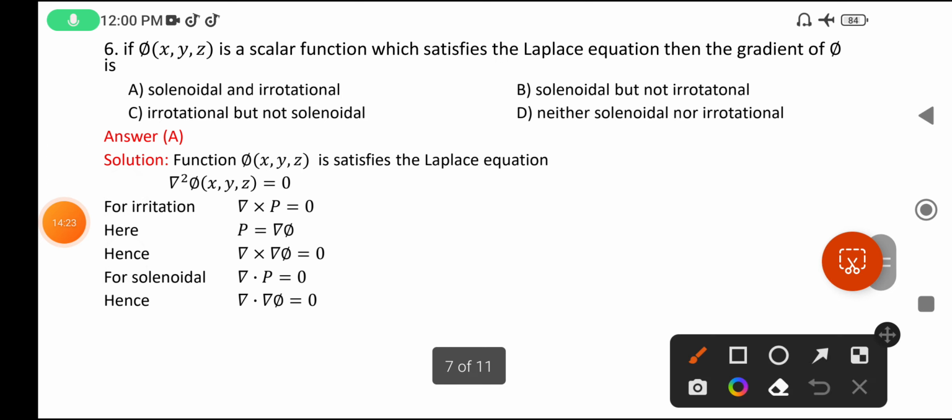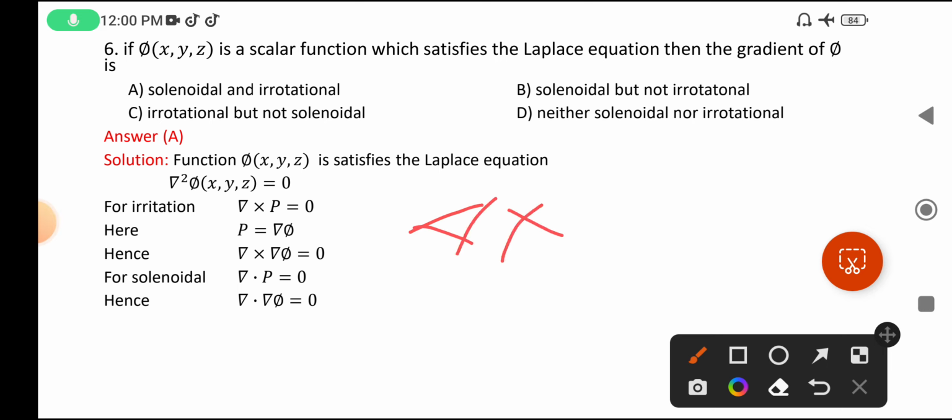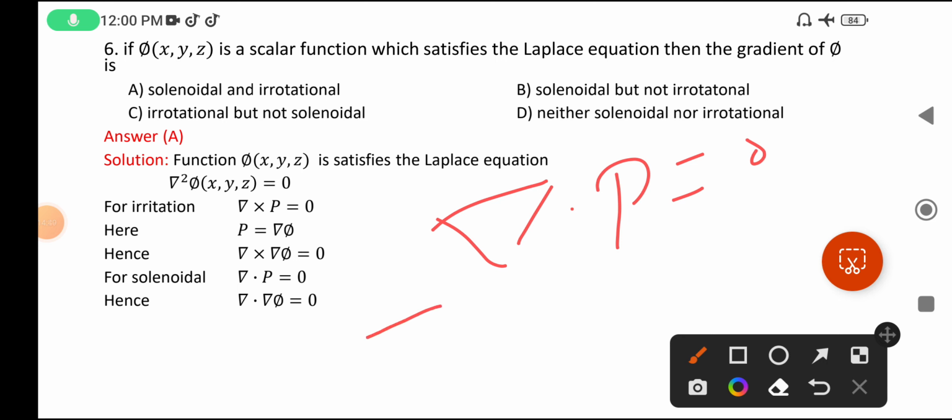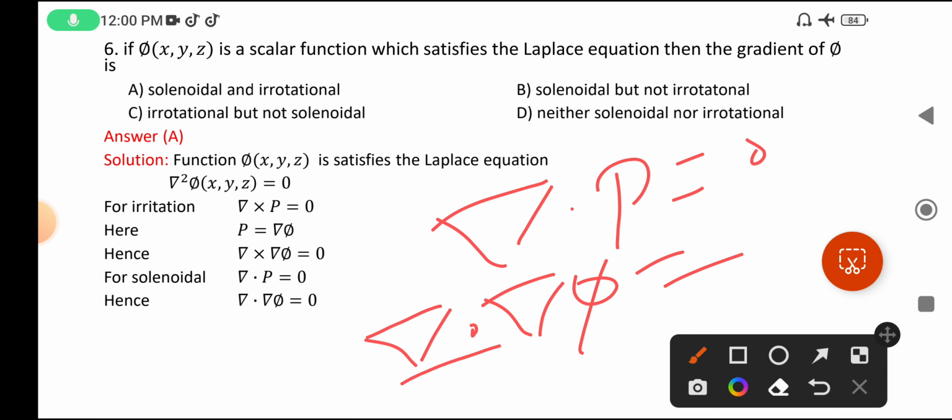It is irrotational. For solenoidal, same: del dot p equals 0. When p equals del phi, it is del dot del phi, divergence of gradient is 0 always.